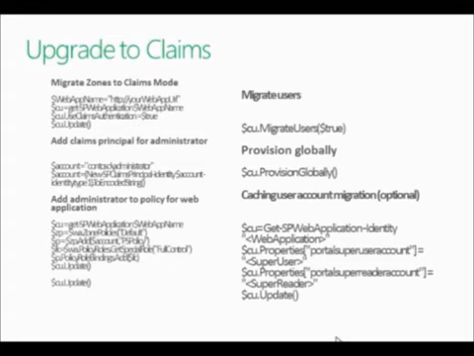So we have to upgrade all those users so that they're not being denied and tripped out of the actual environment when it's kicked over fully to claims. And then just provision that throughout the entire environment. And then you have the optional portion there, which I'll let you go through on your own time and change whether you see fit. So that said, let's go into a bit of a demo here.